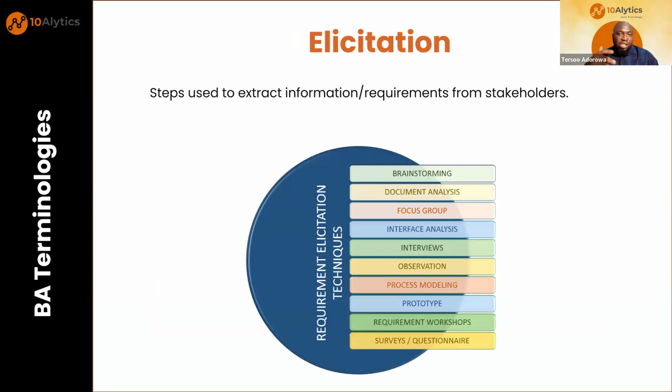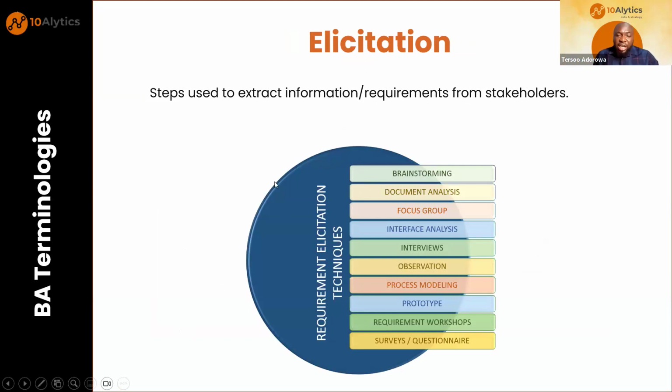Now, there's also a terminology in business analysis that we refer to as elicitation. So this is how we get information that we refer to as requirements. That to-do list that we're talking about, those things that we need to do to deliver this project, how do we get them? That is through elicitation.